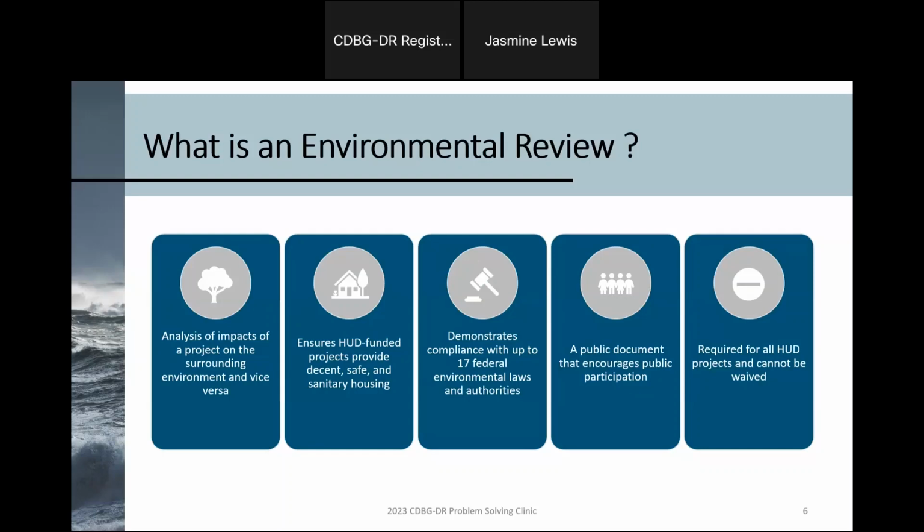The environmental review needs to document compliance with up to 17 federal-related environmental laws and authorities. Pending the level of review, more or less analysis might be needed. Regardless, the documentation and best faith effort to show the entity's due diligence to determine compliance with these statutes is presented in what is known as an environmental review record.